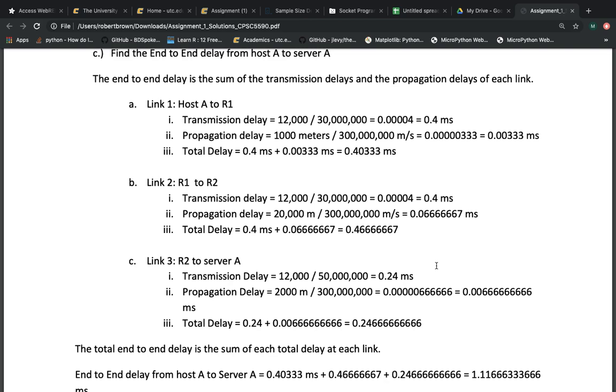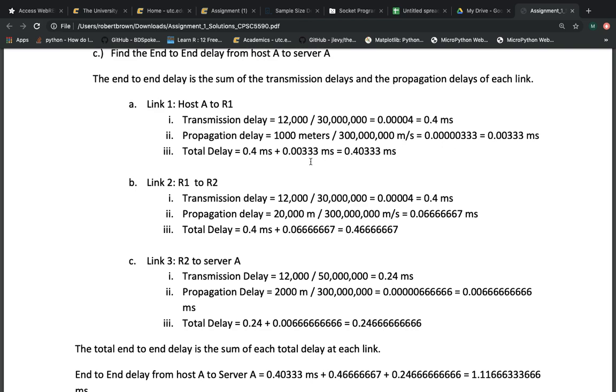It equals 0.4 milliseconds. Propagation delay is 1,000 meters, which is the distance between host A and R1, divided by the speed, which is 300 million meters per second, which equals 0.00333 milliseconds.